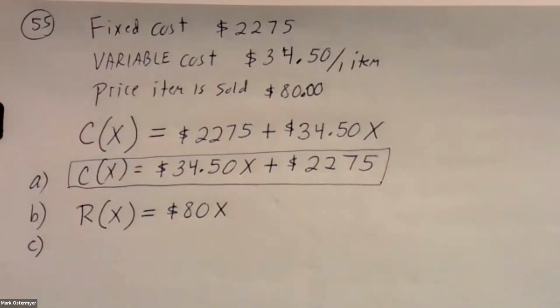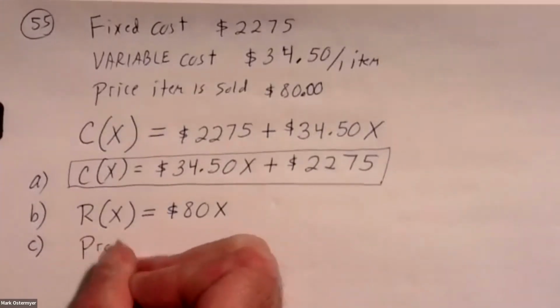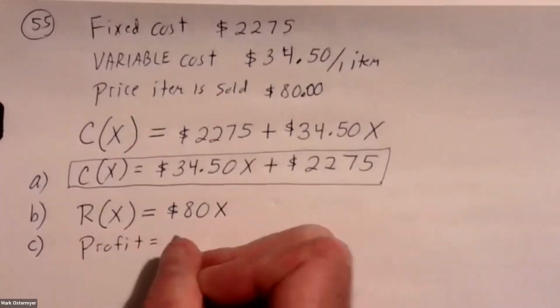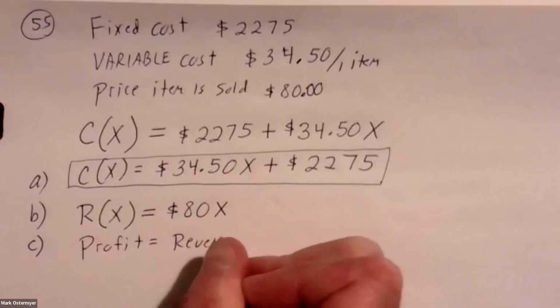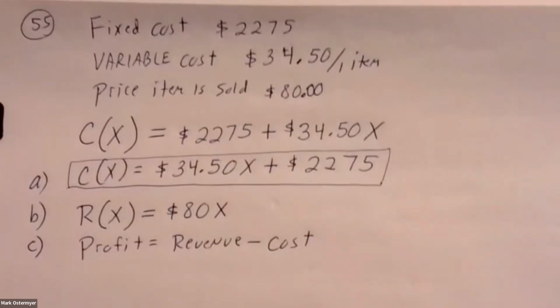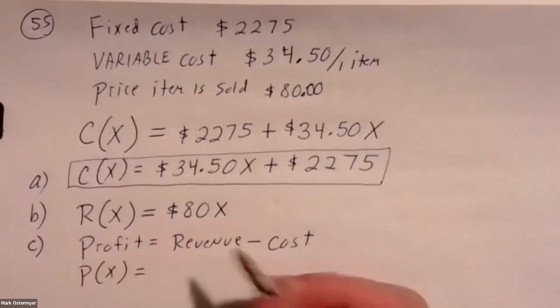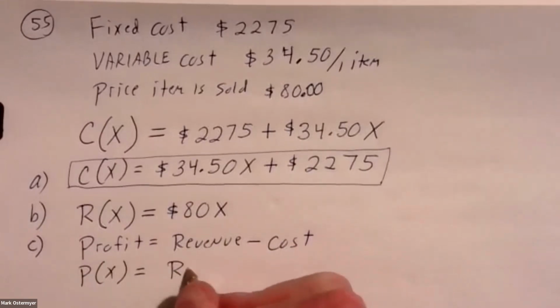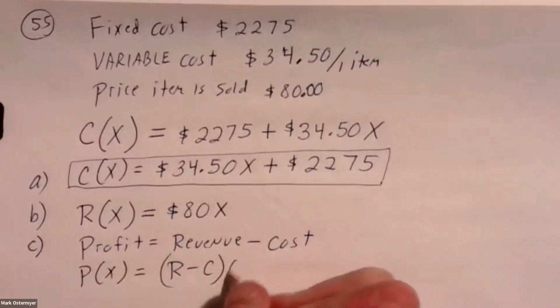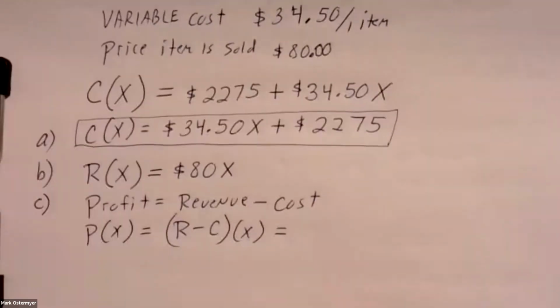Now in part C, they want us to write a profit function. I don't know if you're aware of this or not, but profit, ladies and gentlemen, is always equal to the amount of revenue you bring in minus the amount of cost you have to outlay. So our profit function, P of X, is really going to be equal to a brand new function called R of X minus C of X. Well, here's the algebra of functions here.